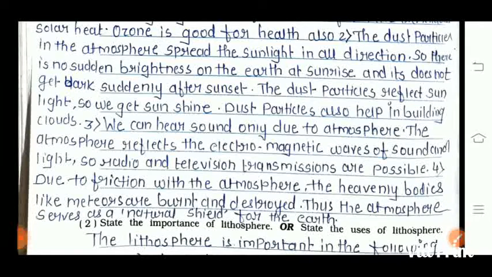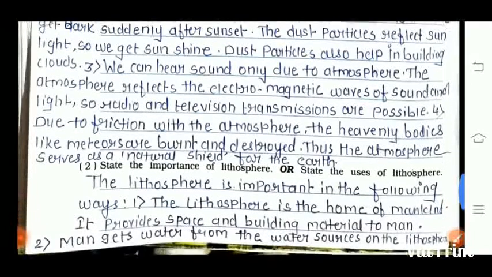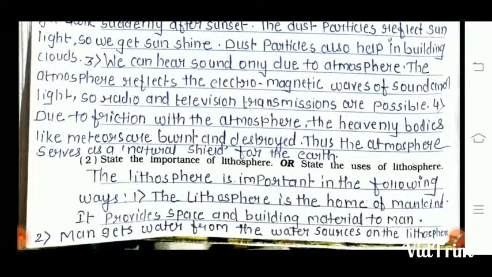The atmosphere reflects the electromagnetic waves of sound and light, so radio and television transmissions are possible. Fourth point is due to the friction with the atmosphere, heavenly bodies like meteors are burnt and destroyed. Thus, the atmosphere serves as a natural shield for the earth.